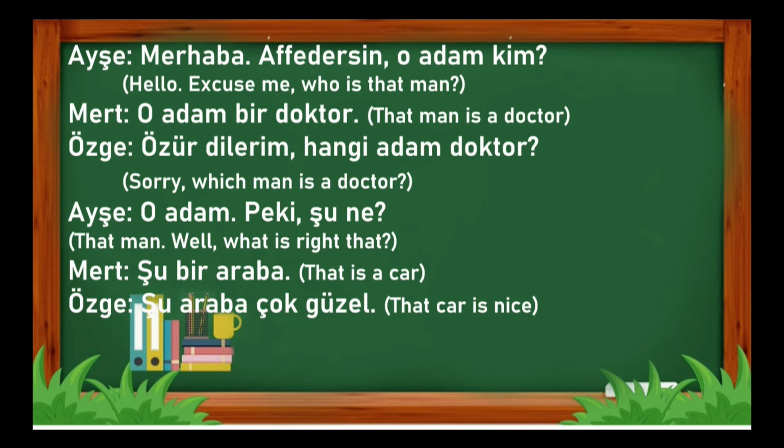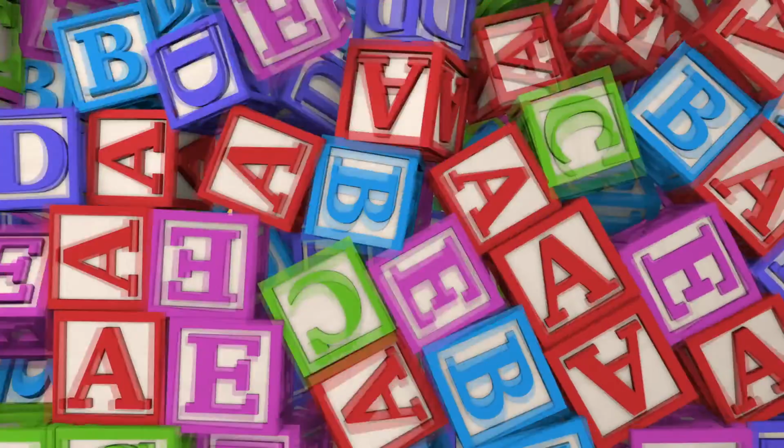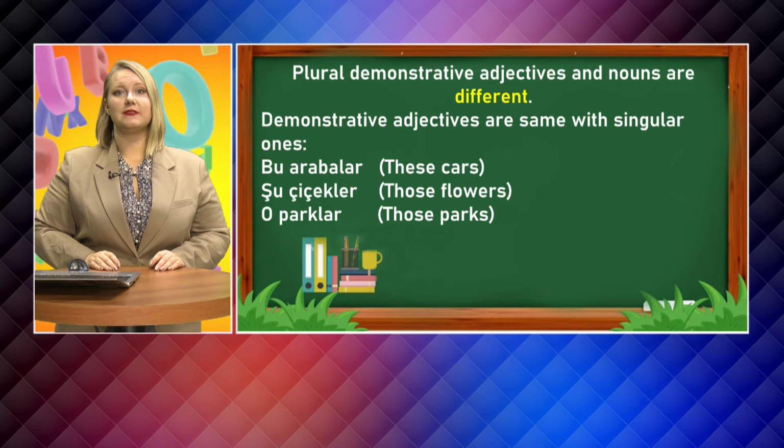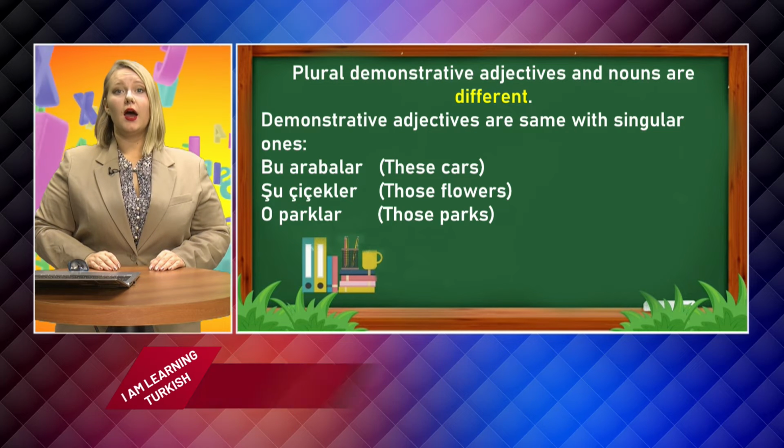Yes, you can see that making dialogues in Turkish is pretty easy. You can try to make your own dialogues with your friends after our nice lesson. Now let's see how it's happening with plural demonstrative adjectives and nouns.